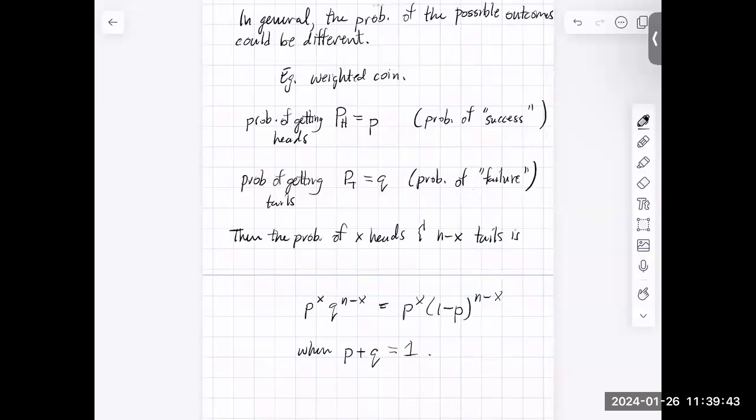So from one trial, you must get a success or a failure. So those probabilities have to add up to 1.